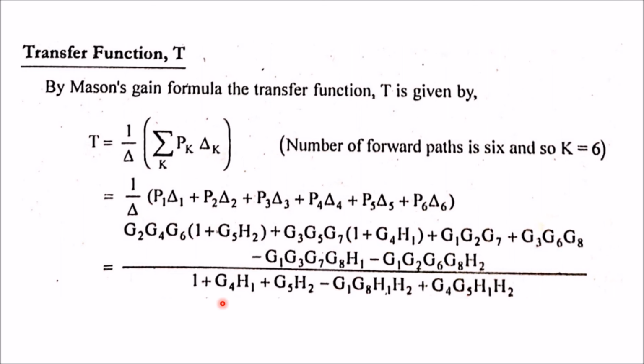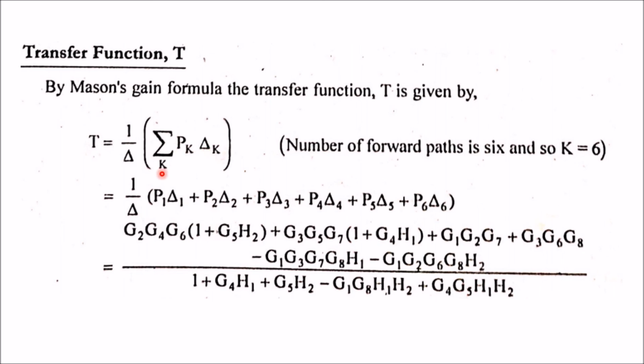And now the last thing will be to find the transfer function. The formula says 1 by delta into the summation over k of pk del k. So here 1 by delta as it is. Summation means pk del k.